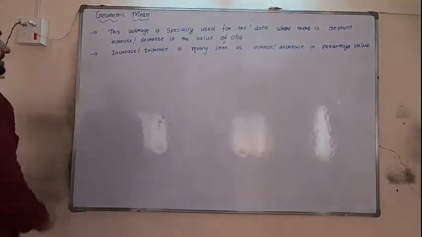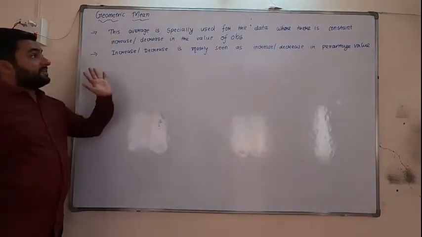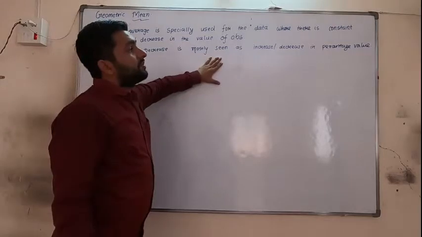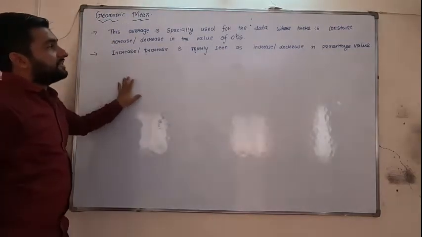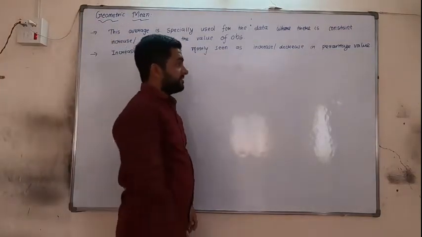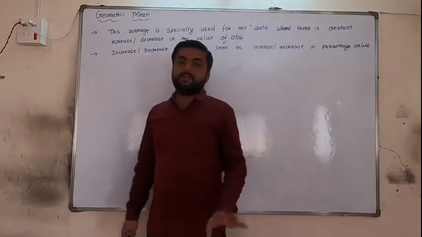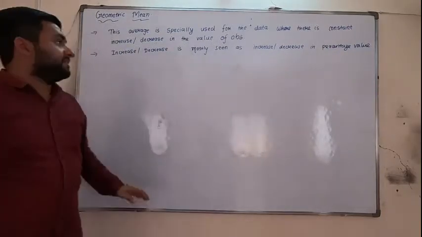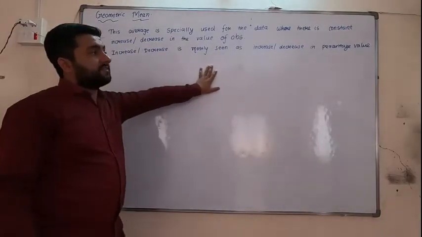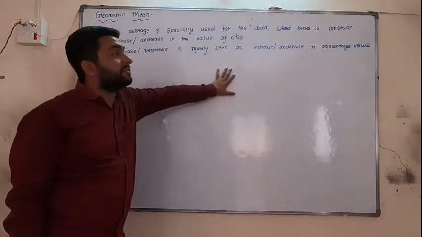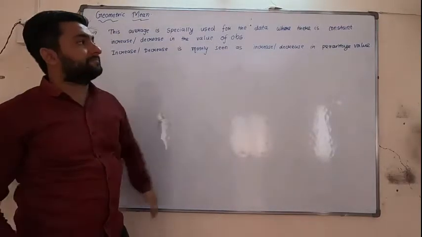So what two points have I written? This geometric mean is specially used for data where there is constant increase or decrease in the value of observations, and this increase and decrease is normally seen in percentage value. Okay, yes.